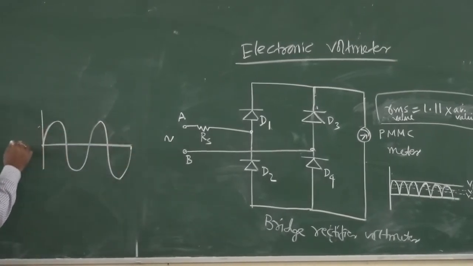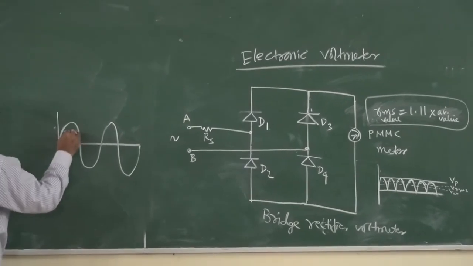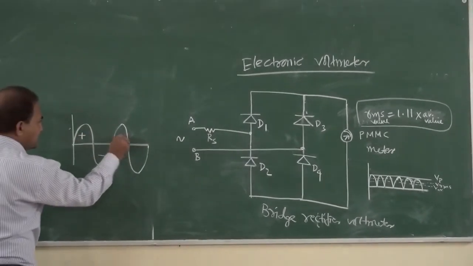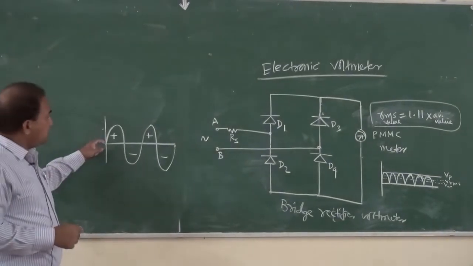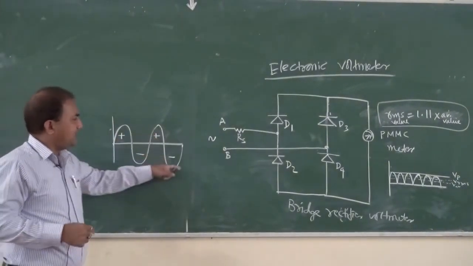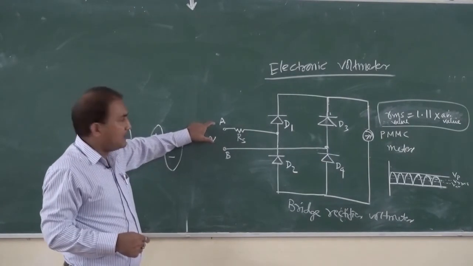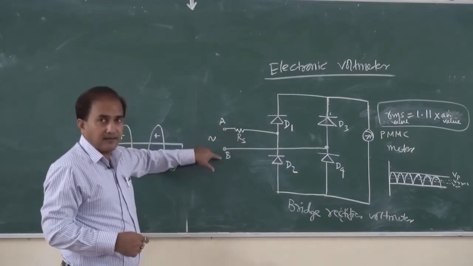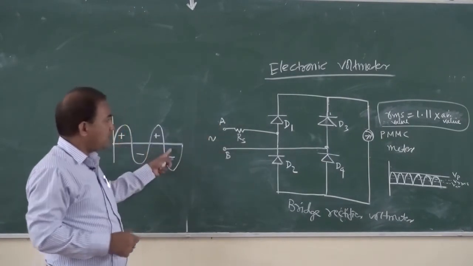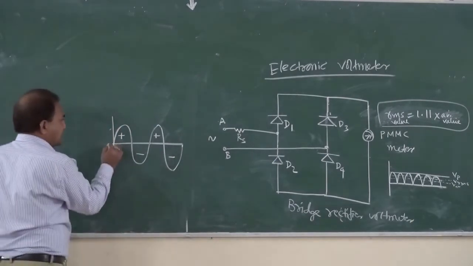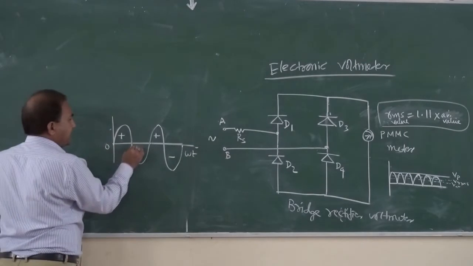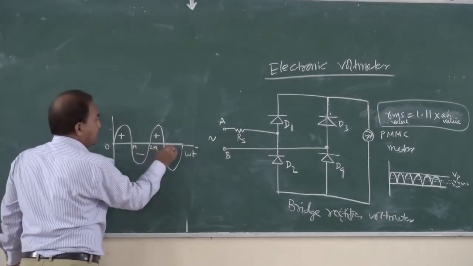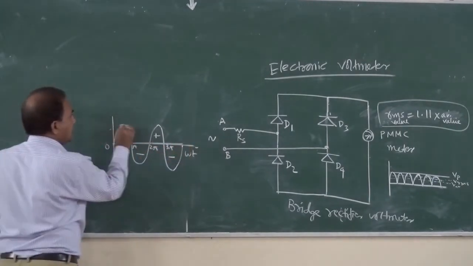Suppose this is a sine wave, and this is the positive cycle and this is the negative cycle, this is the positive cycle and this is the negative cycle. This is the input voltage that we are giving to points A and B. Suppose this is omega t, 0 to pi, 2 pi, 3 pi, like this.